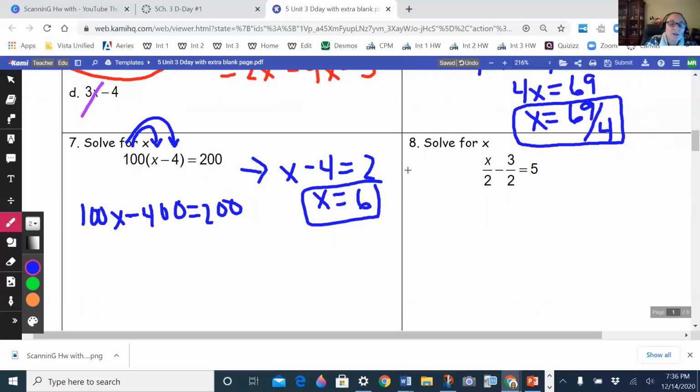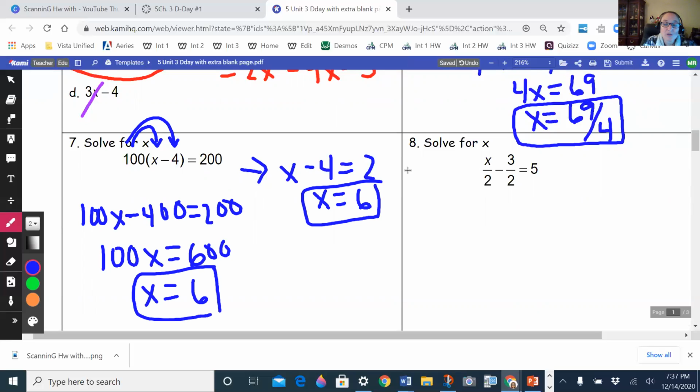This one here, I am going to get the same answer, but again, it's going to be a little messier. I'm going to add 400 to both sides, which gives me 600. I'm going to divide both sides by 100 and I get 6. But you see, you get the same answer, whether I do the looking inside, whether I do the undoing by dividing both sides by 100, or if I distribute.